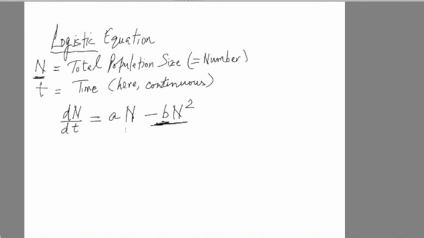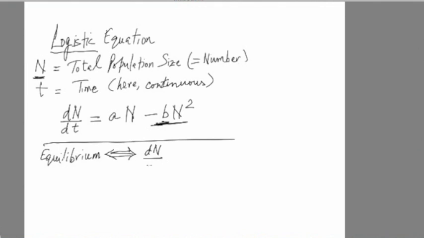Now we can ask a basic question here, which is, what is the nature of population equilibrium? An equilibrium is simply a population size such that when the population has that size, dn dt is 0. So an equilibrium is defined by the condition dn over dt equals 0.